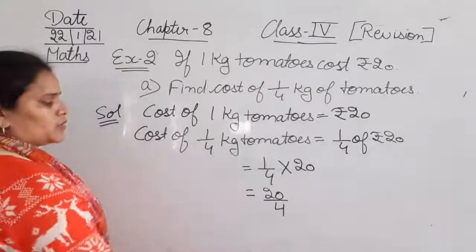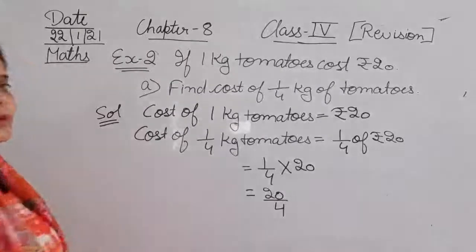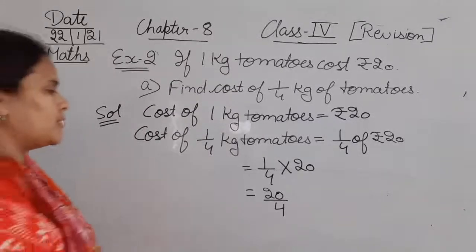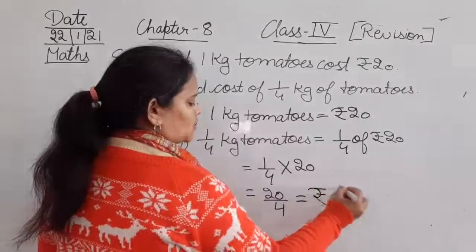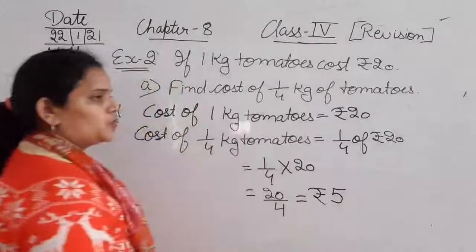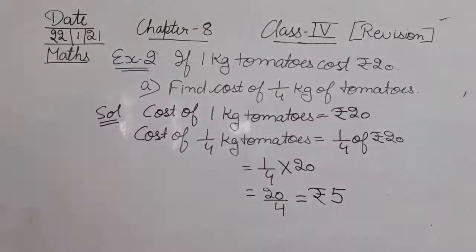Okay, let's divide 20 with 4. देखिए 4 के टेबल में 20 किस पे आता है, 5 पे. 5 4s are 20, so that is ₹5. So the cost of 1/4 kg of tomatoes is ₹5. Therefore the cost of 1/4 kg of tomatoes is ₹5.